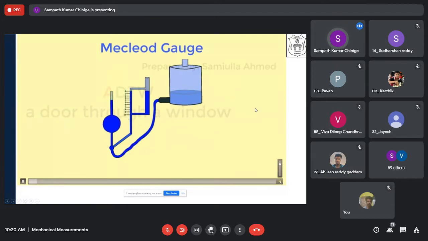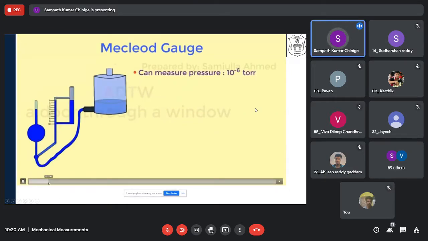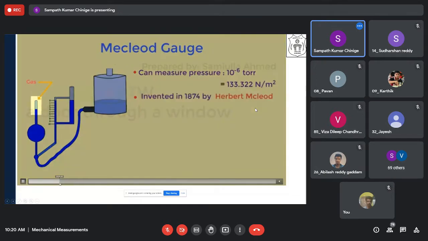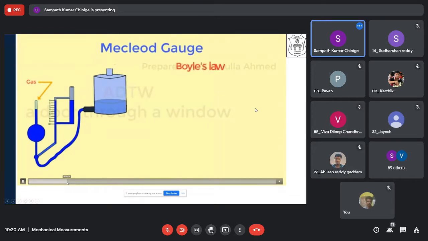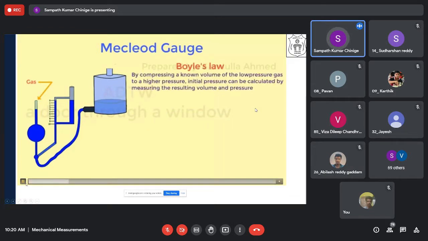Now the principle: we are trying to find out by compressing a known volume of the low pressure gas. This low pressure gas enters into the tube, and let us say this pressure is P1.